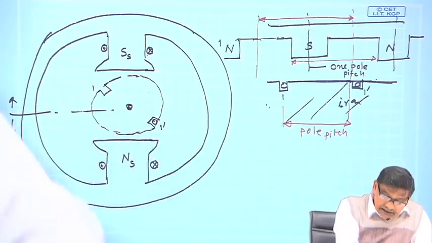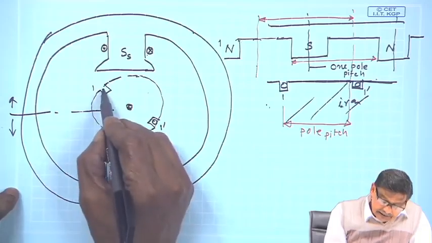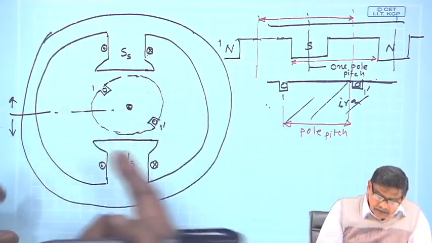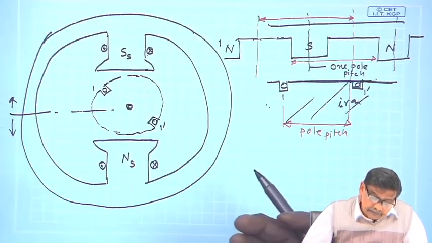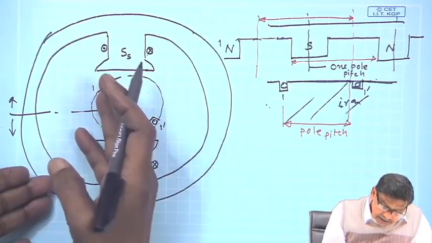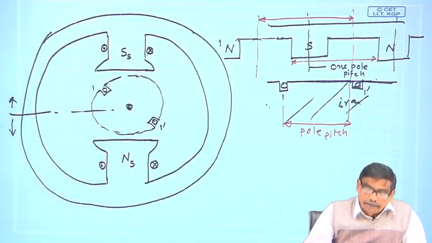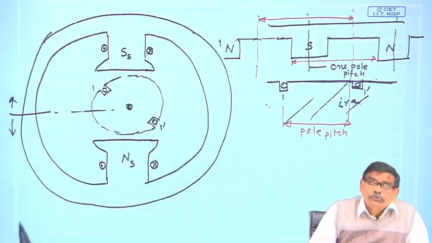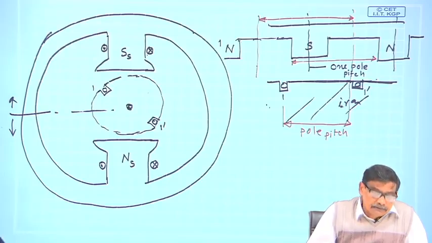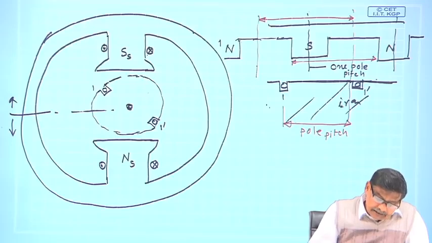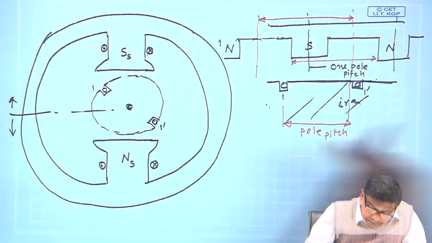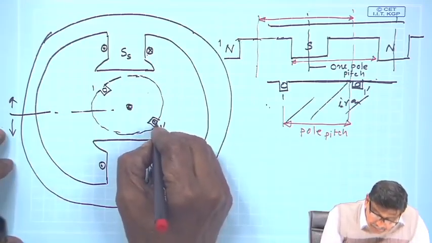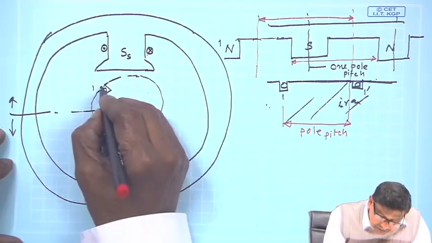Now, what I am saying is that in general, when it is operating as a motor or a generator, these rotor conductors will also carry current. Therefore, rotor conductors too will produce a magnetic field. For example, if I say that the rotor is carrying current in this direction, this is cross, this is dot.